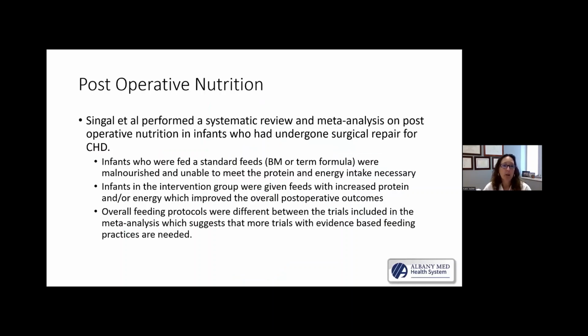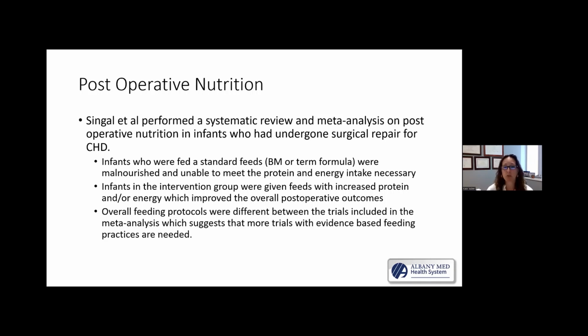So Singhal et al. performed a systematic review and meta-analysis on postoperative nutrition in infants who had undergone surgical repair for congenital heart disease. And they found that infants who were fed standard feeds of breast milk or term formula were malnourished and unable to meet the protein and energy intake necessary to achieve adequate weight gain. The infants in the intervention group were given feeds that were fortified to optimize protein and energy.